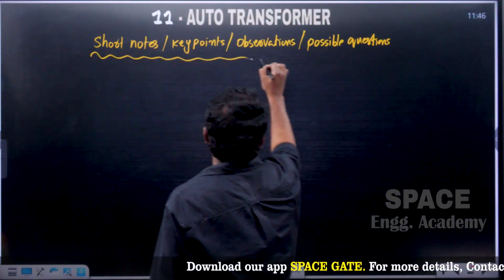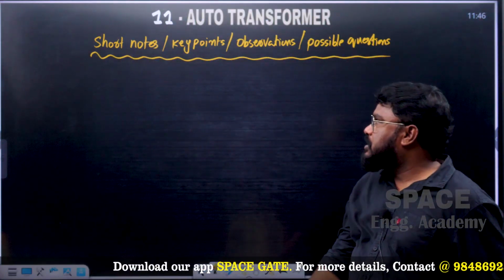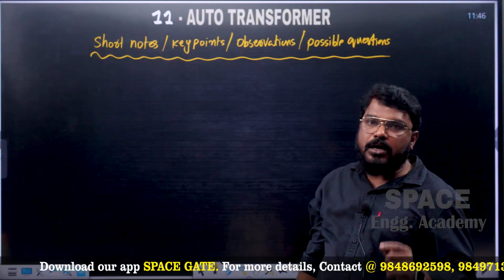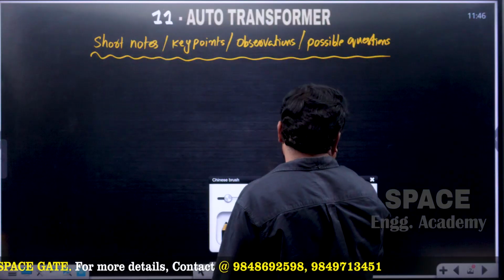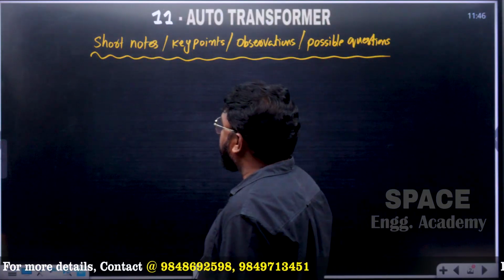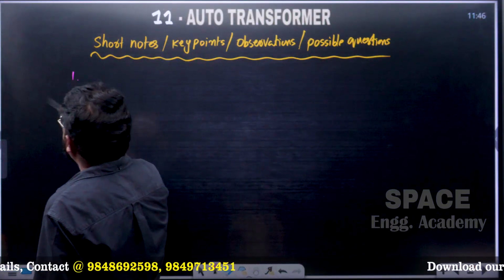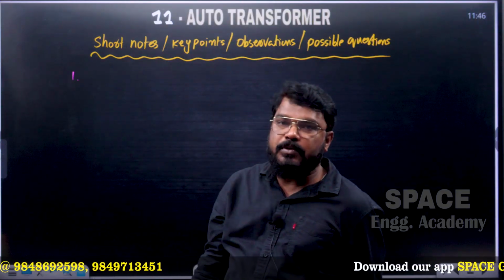So these are all possible questions, observations, key points and short notes from auto transformer. And the first question, or first point, first observation from the auto transformer.